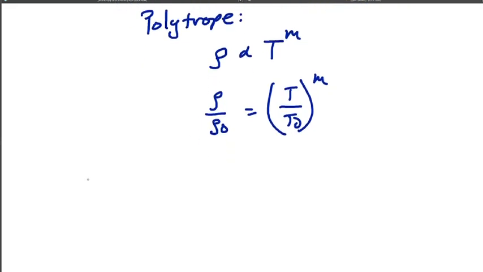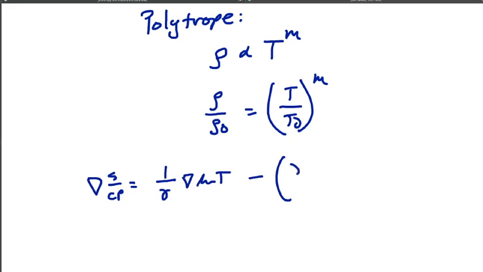So let's now write up our grad S over Cp for a polytrope. That is 1 over gamma grad log T minus gamma minus 1 over gamma, and we've got our grad log rho here, but rho is T to the m. So that's grad log T to the m. And since we have a log here, we can pull that m out in front of the logarithm.